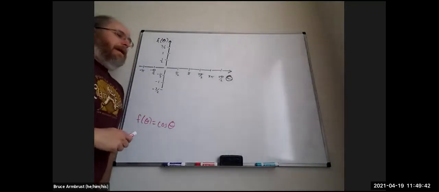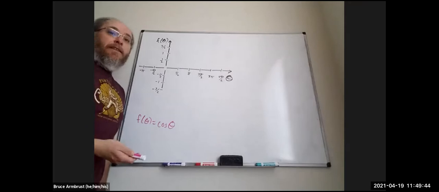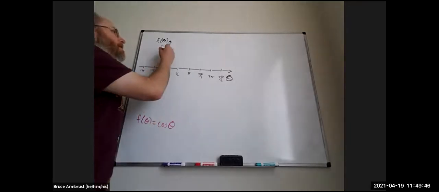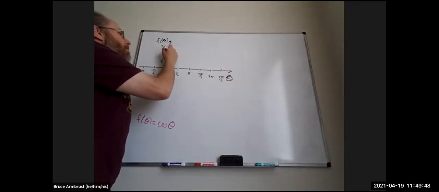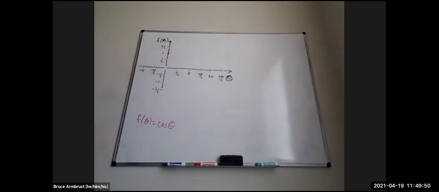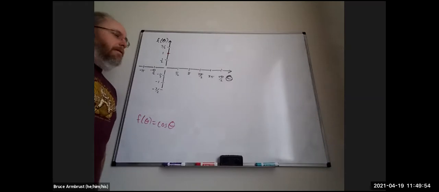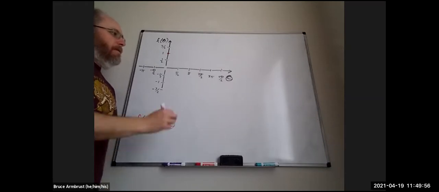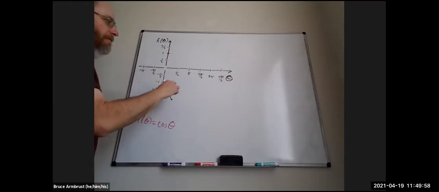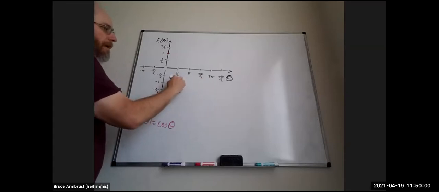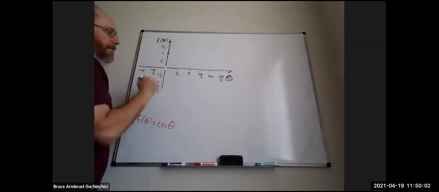It's probably a good idea to have it always with you when we're learning this stuff until you get it down. But at an angle of 0, we saw that the cosine was equal to 1. So I'm going to go ahead and put a point here at 0, 1. Let me get the values for the nice angles where my scales are.